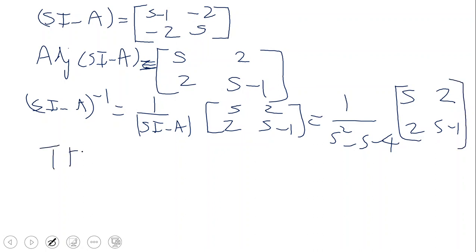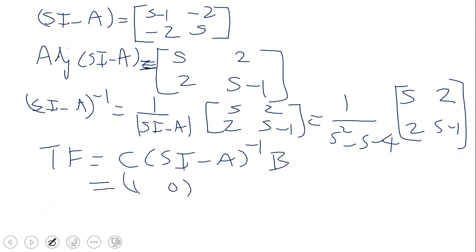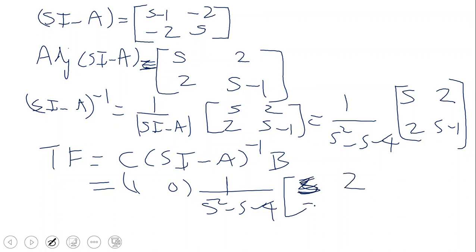Therefore the transfer function is C into (sI minus A) inverse into B. C is [1 0], then (sI minus A) inverse which we just found, into matrix B, which is [1 2].